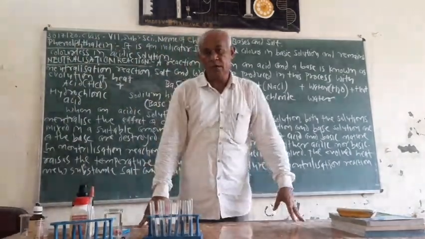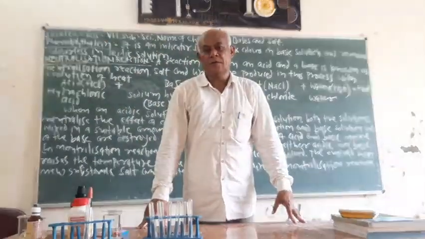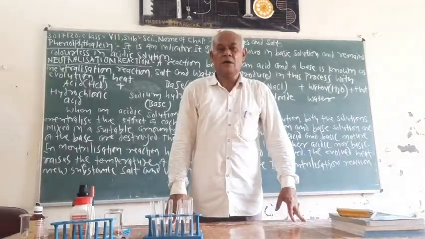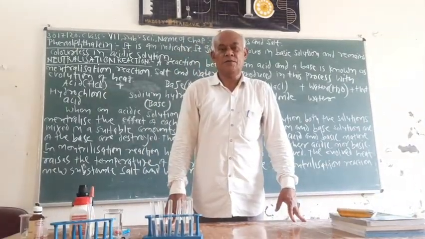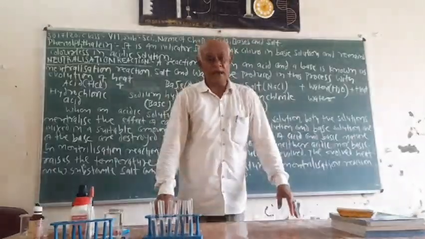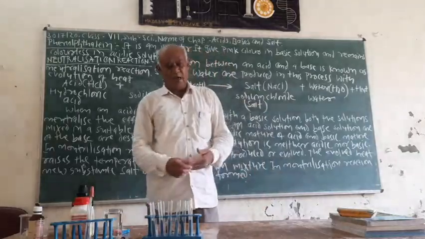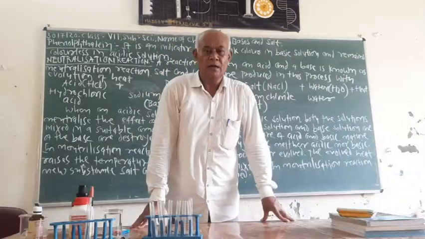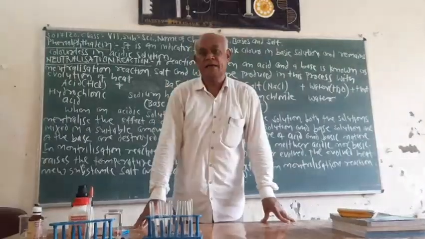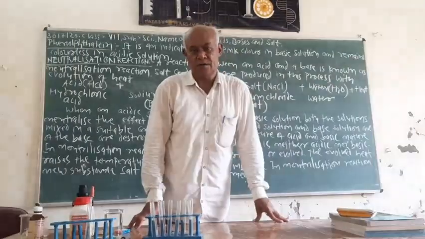Good morning, students. In the last period, we learned the chemical nature of a substance with an indicator. With the help of an indicator, we decide whether a substance is chemically acidic, basic, or neutral.